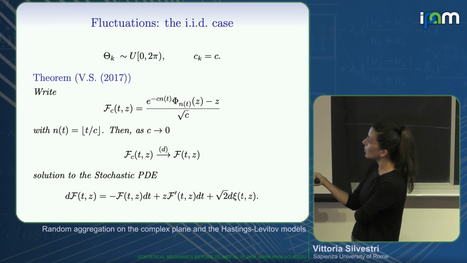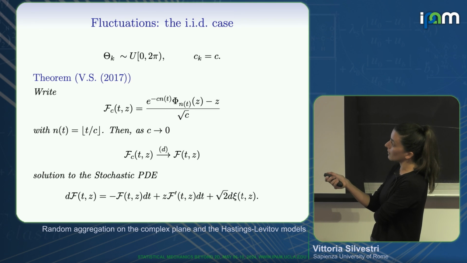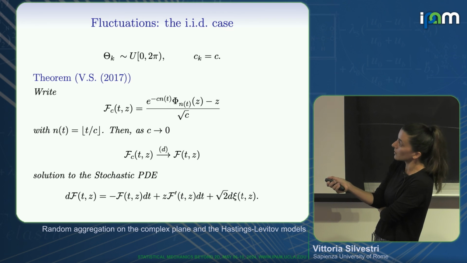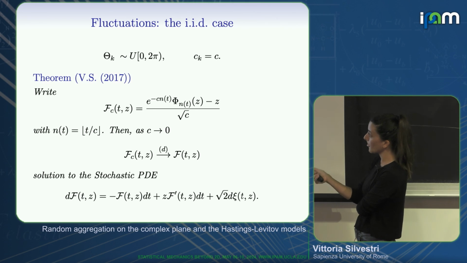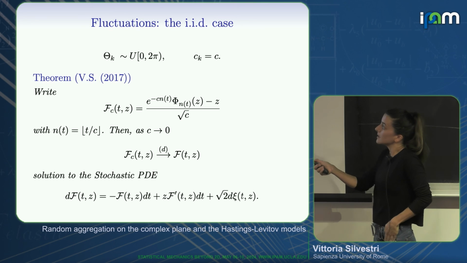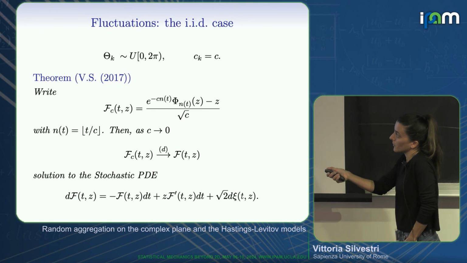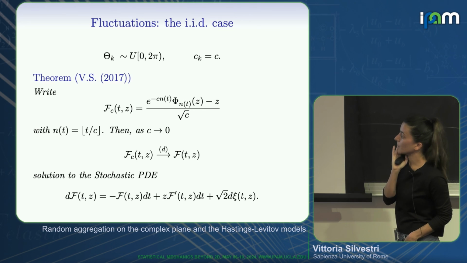And as C goes to 0, so N goes to infinity, you get a process of holomorphic functions, which you can rescale by dividing by what turns out to be the right factor, the diameter of the particles. So the square root of C is roughly the diameter of the particles. So this is the size of the fluctuations, and you get that this sequence of random functions converges to a Gaussian random map.